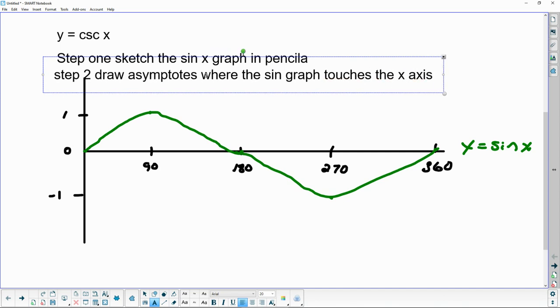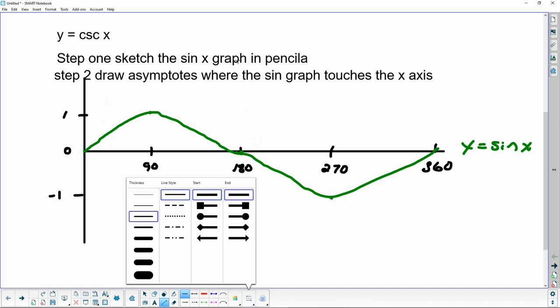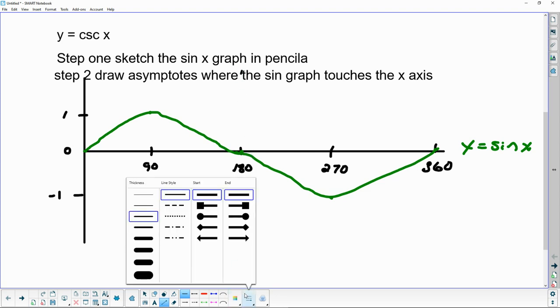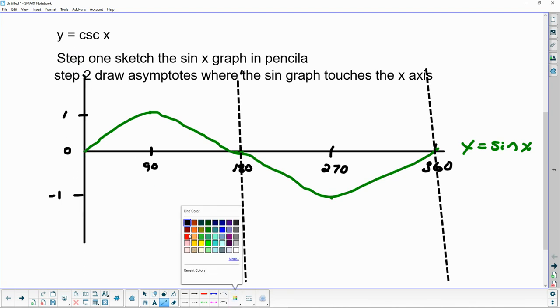I'm going to take a straight line tool and make dotted lines wherever it touches. So that's right here at 180, and then 360, and then 0 would be the other one. It's hard to see there, so I might have to use a different color. Okay, so there are the asymptotes.